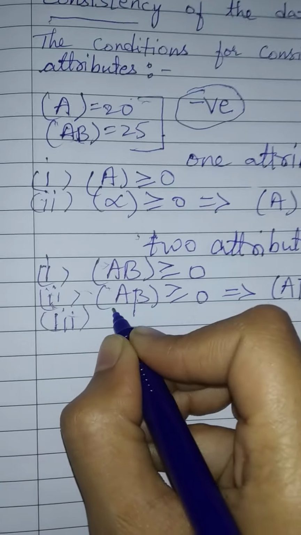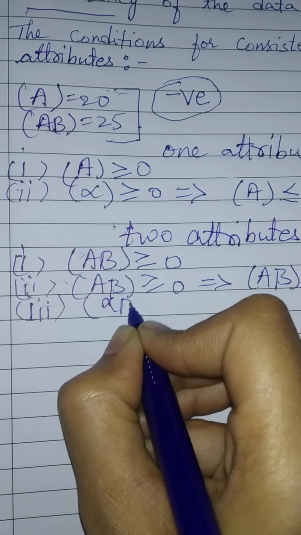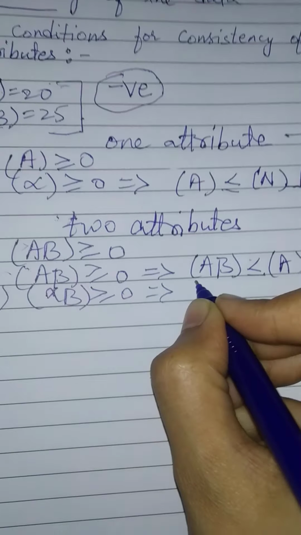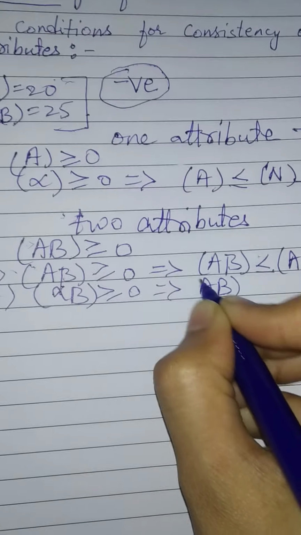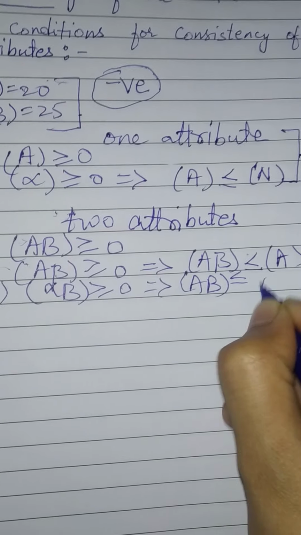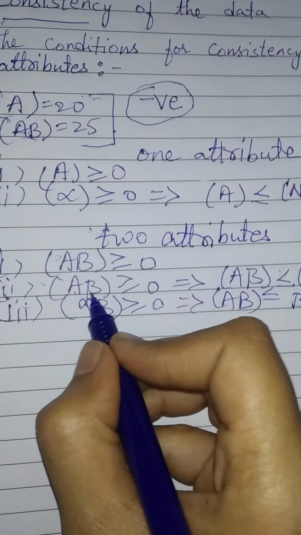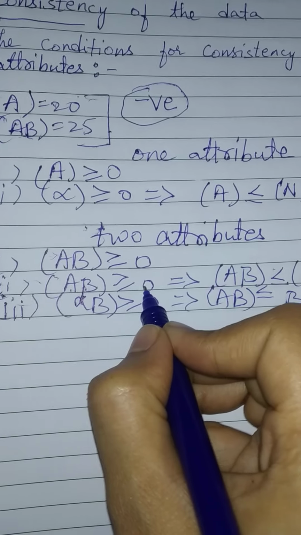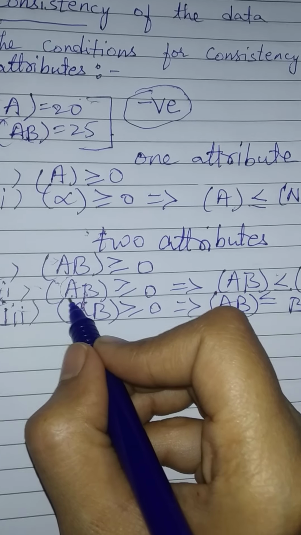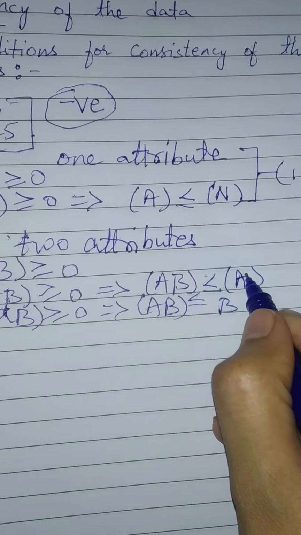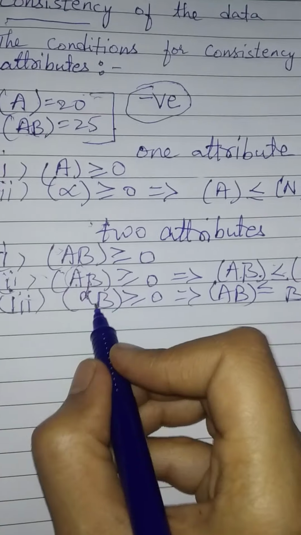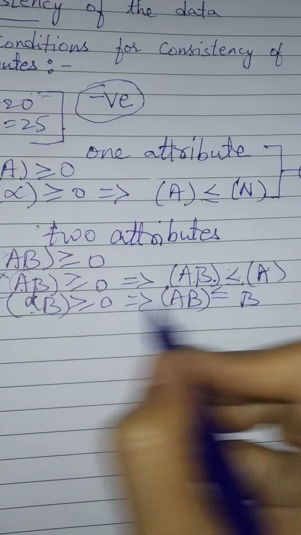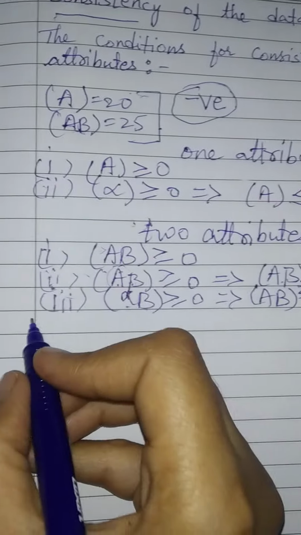If it is alpha B, it should be greater than or equal to 0, implies class of AB less than or equal to B. Students, if it is A beta greater than or equal to 0, capital A is there, no? This capital A will be written here, AB less than. If it is alpha beta, B is there, no? This B will be here, less than. Yes, you need to remember.